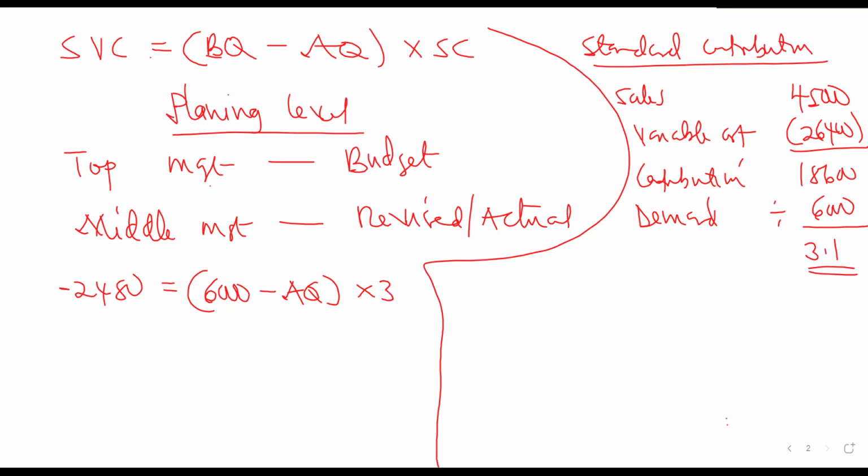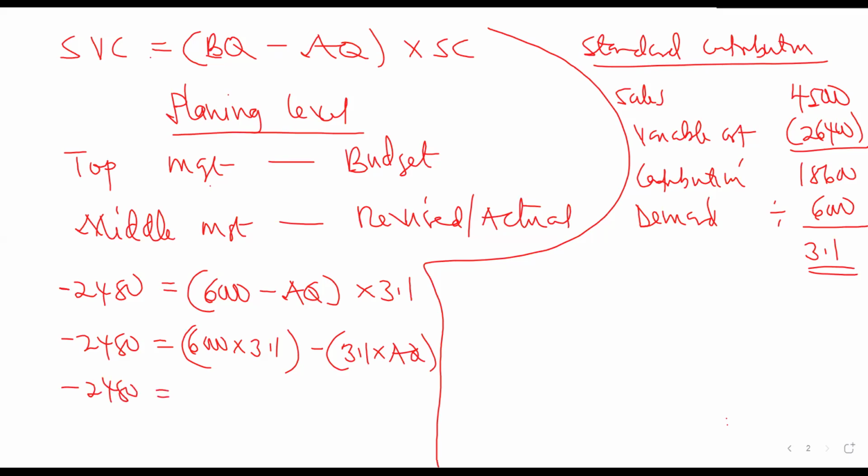So let's multiply this. We are just going to be doing some small mathematics over here. So we have negative 2480 is equal to 6,000 multiplied by 3.1, which is 18,600, minus 3.1 multiplied by the revised quantity. So we have negative 2480 is equal to 18,600 minus 3.1 AQ.